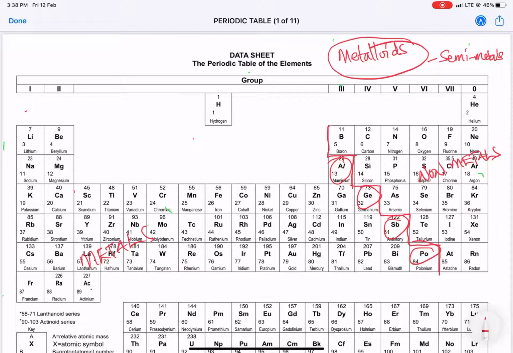Then you also need to know the following important families of the periodic table. Group 1 elements are special; they are called alkaline metals.